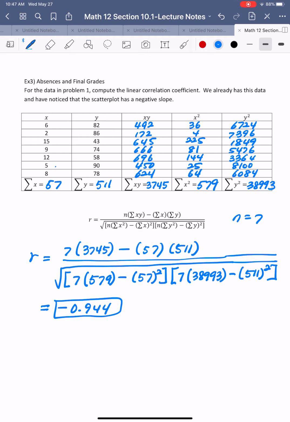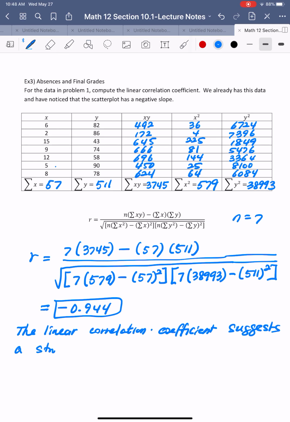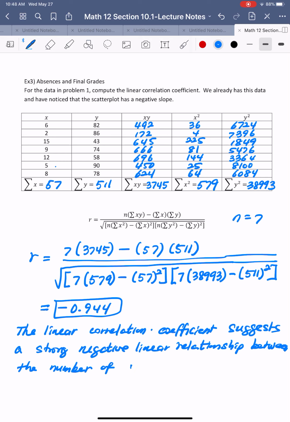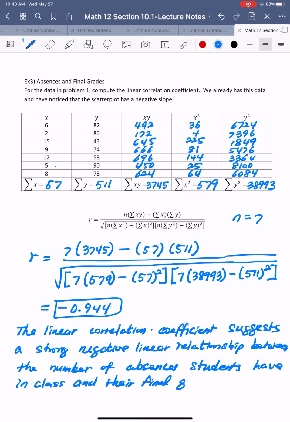So how do you conclude this one? This means the linear correlation coefficient suggests a strong negative linear relationship between the number of absences students have in class and their final grade.